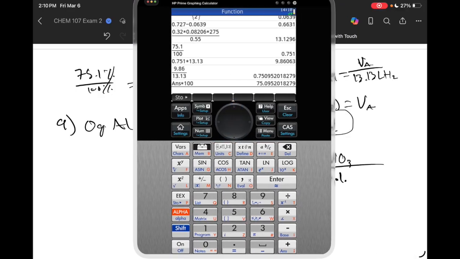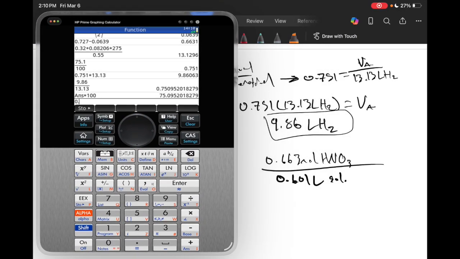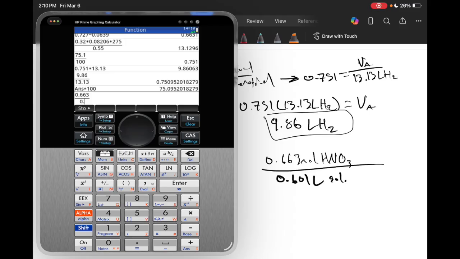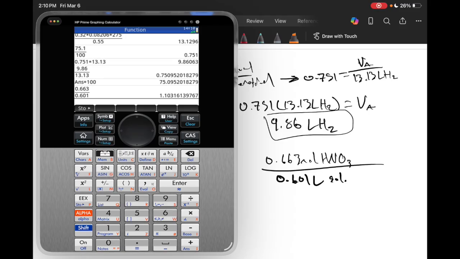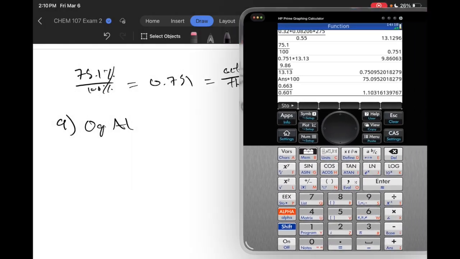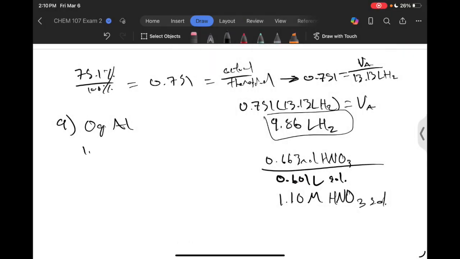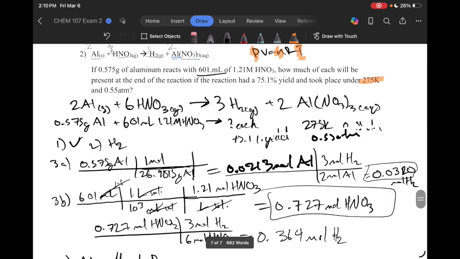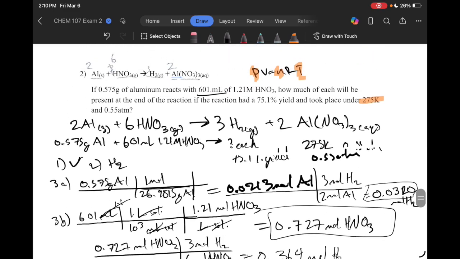So 0.663 divided by 0.601 gives us 1.10 molar HNO3 solution. So we can just write 1.10 molar HNO3. Moving on, we have H2 gas, which we'll skip for right now.